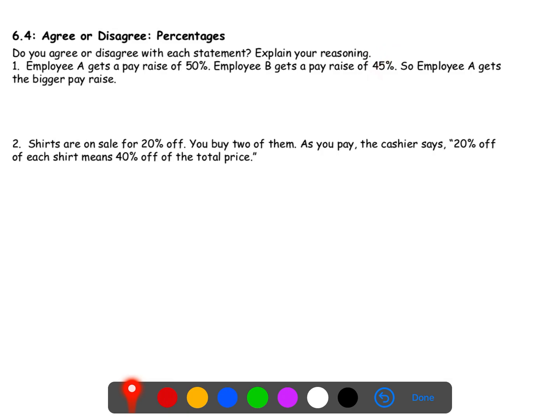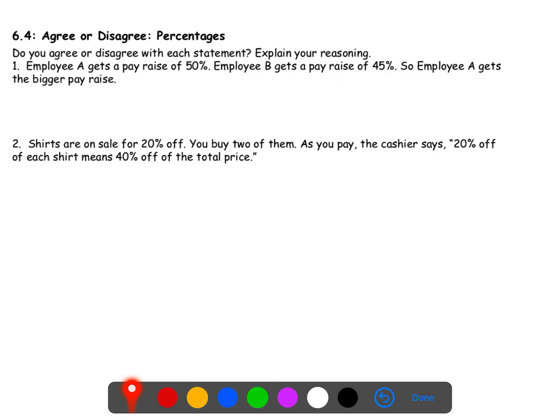If an employee was only making, let's say, $1 an hour, a 50% increase is only going to be 50 more cents per hour. But if employee B was making more than that, let's say $2 an hour, then 45% of that is actually a larger amount.